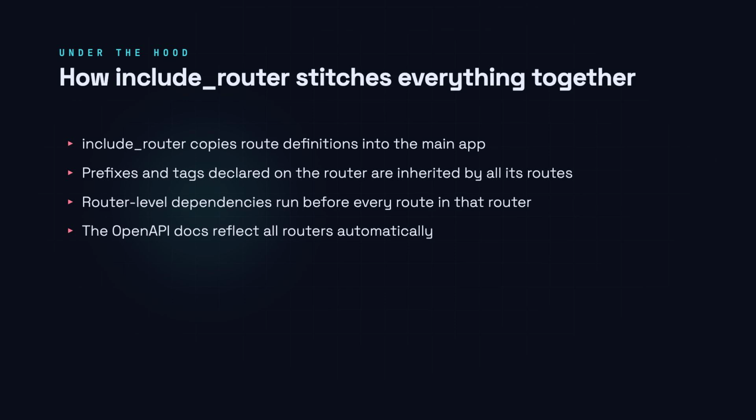Any dependencies declared on the router itself are prepended to each route's dependency chain, so they run before the route function executes. Because the routes are now part of the main app, FastAPI's automatic OpenAPI generation picks them up without any extra configuration. Your docs stay accurate as you add routers.